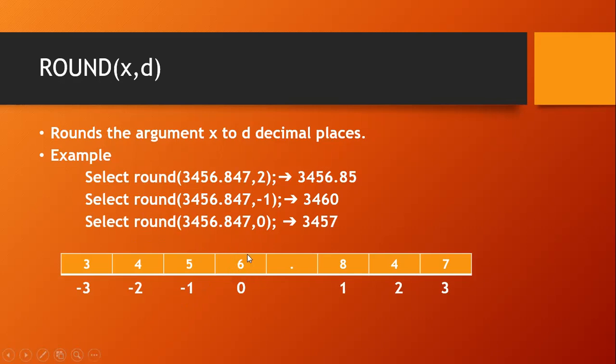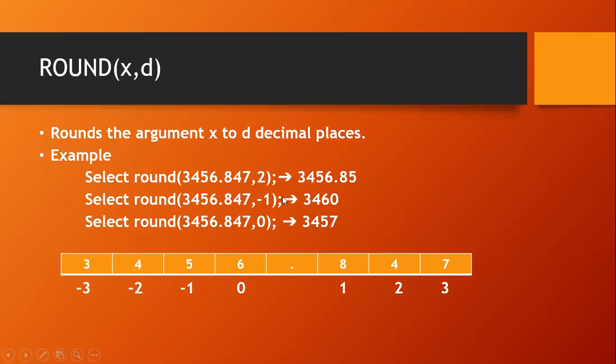Check whether the number to the right of it is greater than or equal to 5. Yes. So what do we have to do? Plus 1 is to be added to the number occupied in the -1 position. So this will become 6, and this has to be changed to 0. This number has to be changed to 0. So what will be your output?